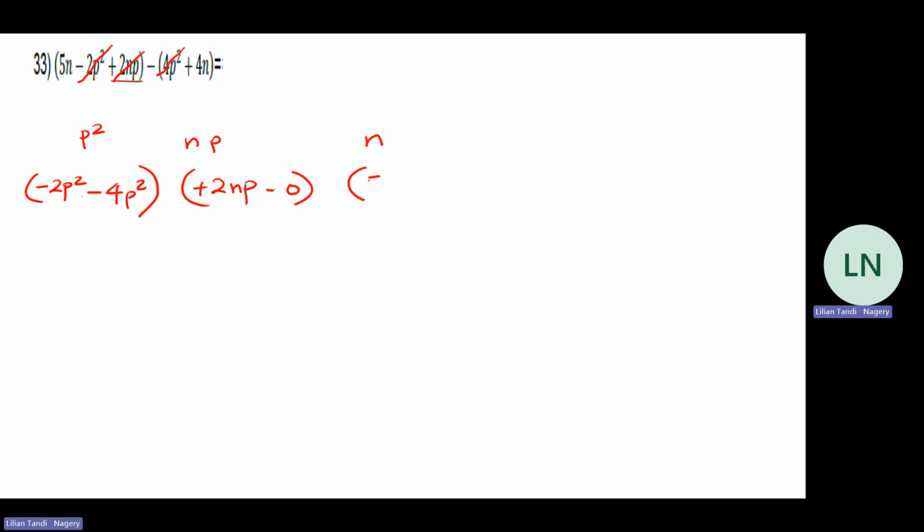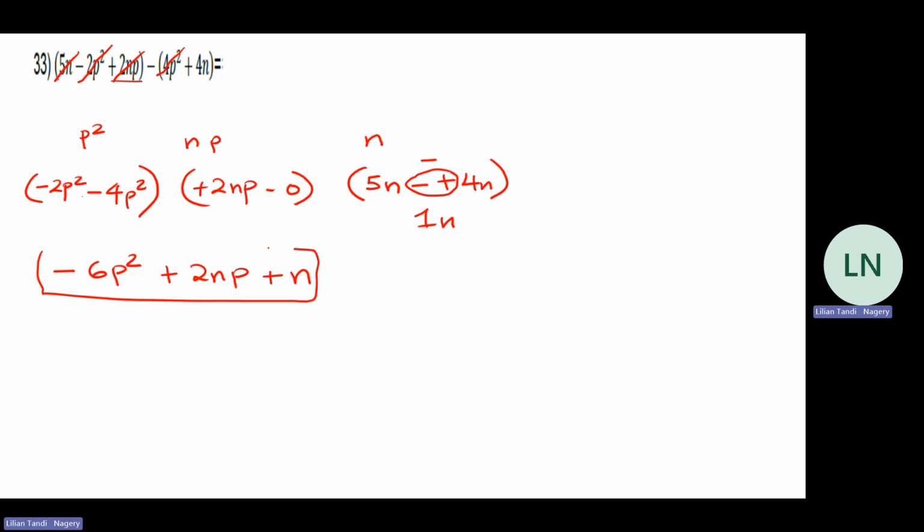I have 5n minus positive 4n. Okay. This becomes negative 6p squared. This becomes positive 2np. And this changes to become minus. 5 minus 4 is 1n. So positive n. And you box your answer.